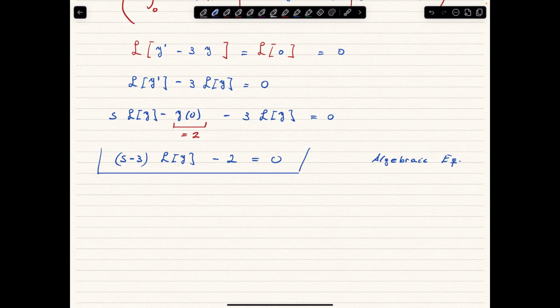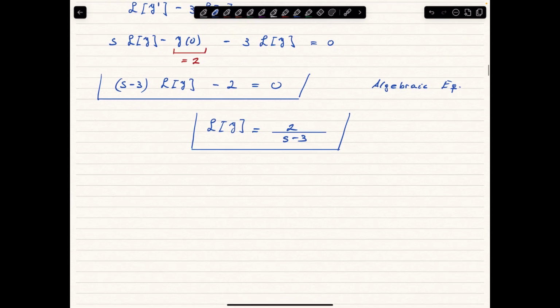We move the 2 to the other side, and we divide by s minus 3, and this is how we solve for L of y. So the Laplace transform of our solution to the differential equation is 2 over s minus 3.